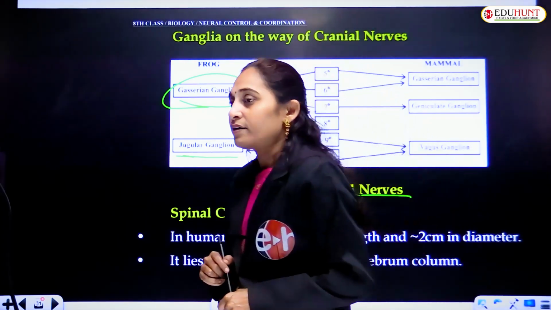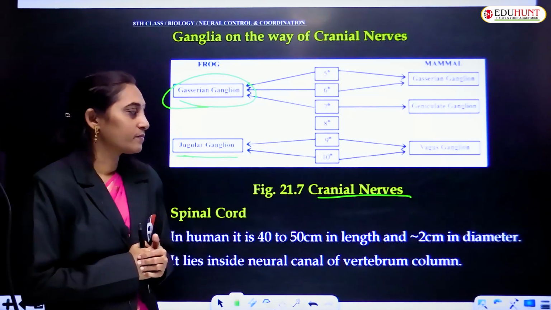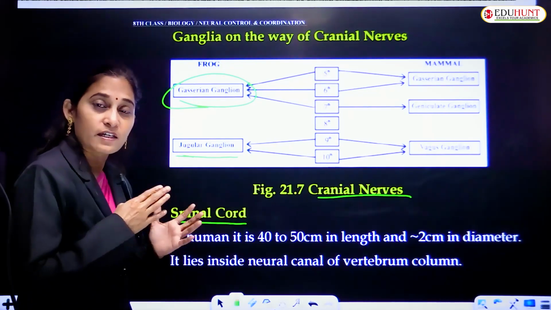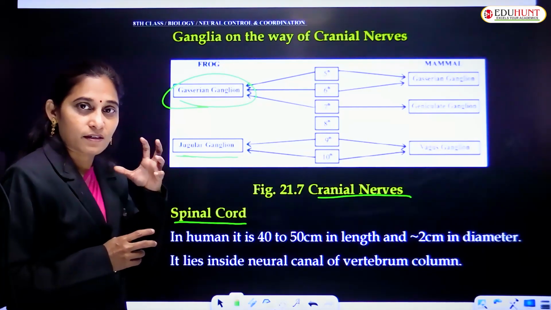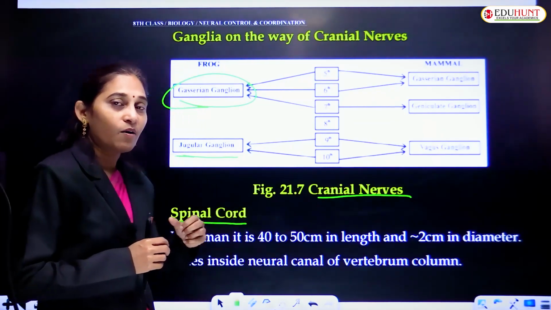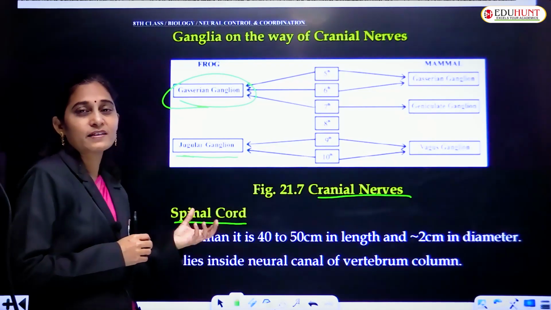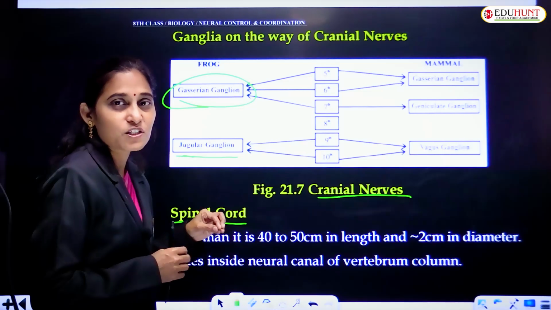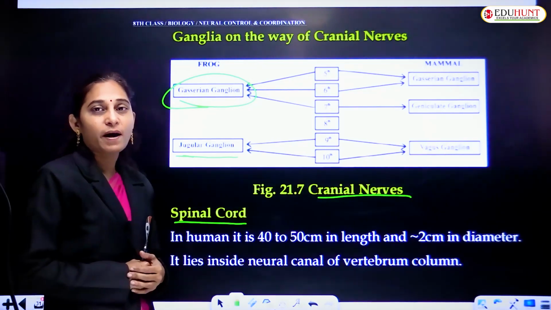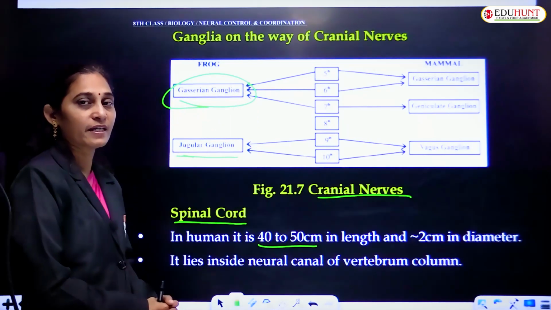And the next part of the peripheral nervous system consists of the spinal cord. We have finished cranial nerves, that is, nerves arising from the brain. Now we'll see the spinal cord and the nerves arising from it. In humans, the spinal cord ranges from 40 to 50 centimeters in length.